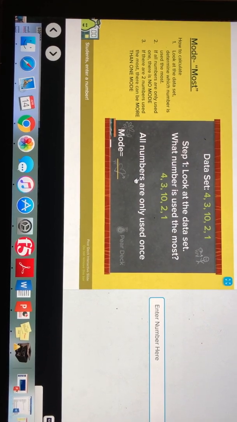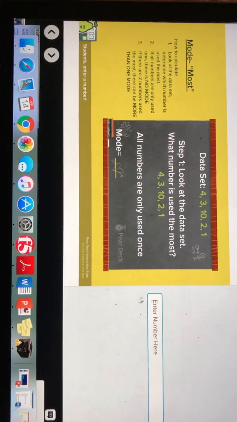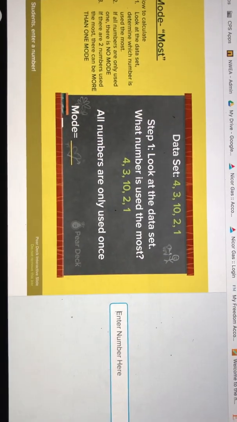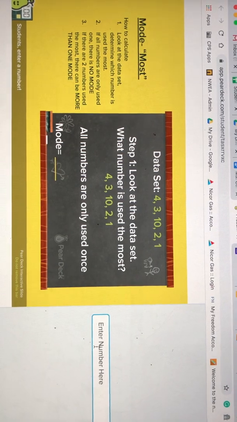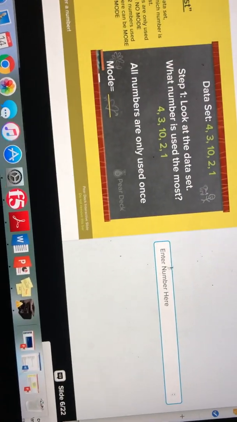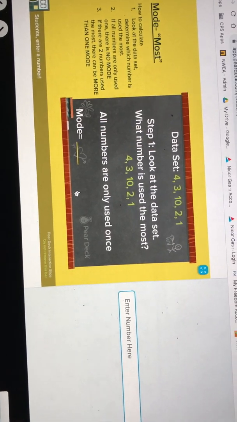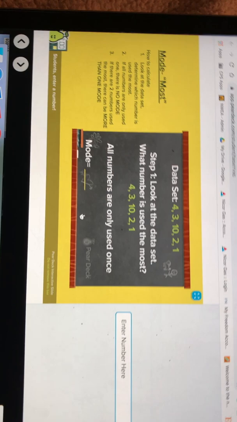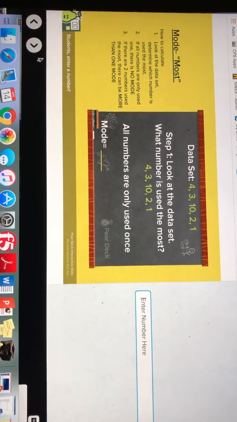If all numbers are only used once, step number 2 says the answer is we have no mode. It's not letting me type it, but the answer is no mode. There's no mode because each number is only used once.